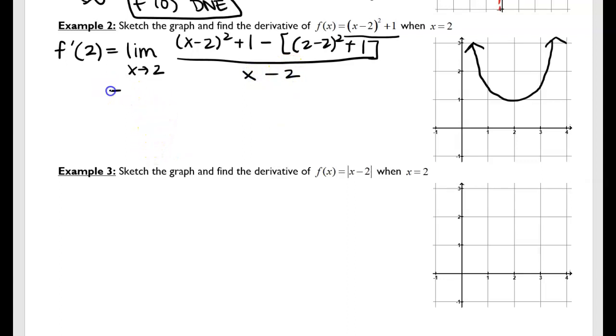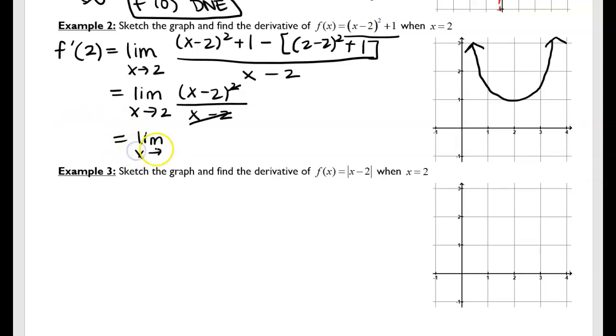In the numerator, I have x minus 2 squared plus 1 minus 1, so I just have x minus 2 squared all over x minus 2. You might notice my x minus 2's will cancel out, one in the numerator and the denominator. Then I'm just taking the limit as x approaches 2 of x minus 2, and I get 0.